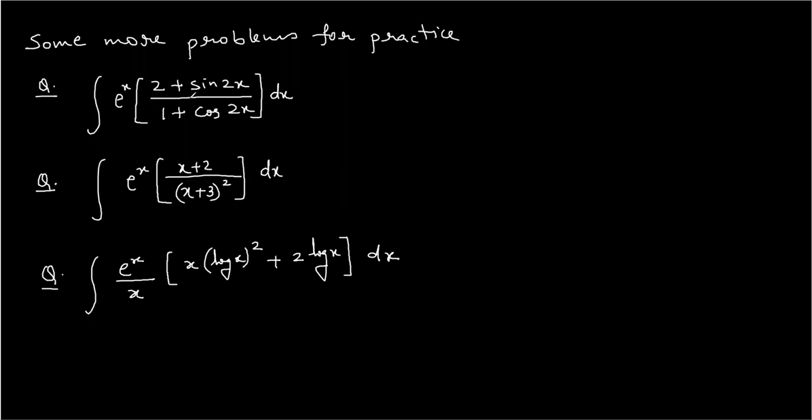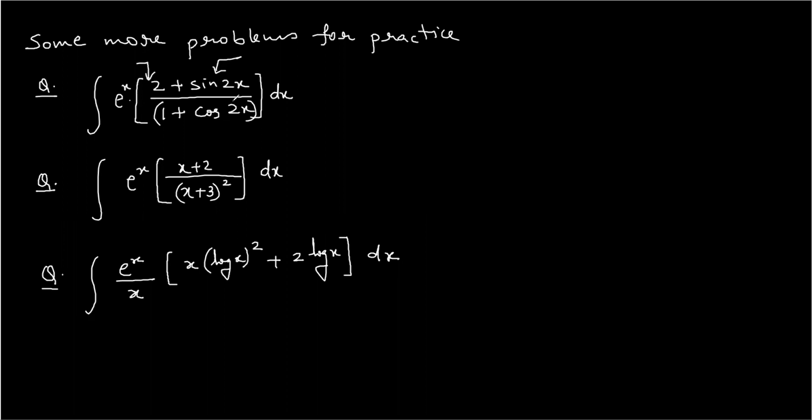So here we have some practice problems. Now these all problems are to be solved by the same result which we learned just now. In the first one we will write 1 plus cos 2x as 2 cos square x. Then we will split that 2 cos square x for 2 and sine 2x.